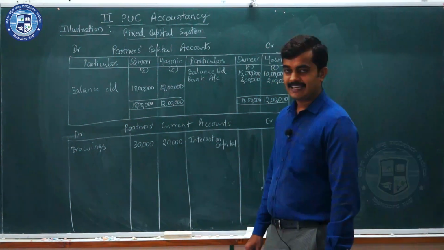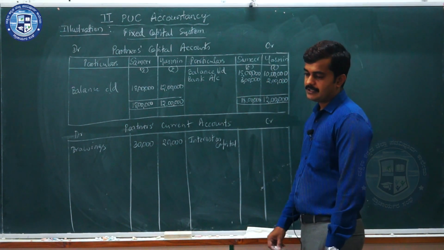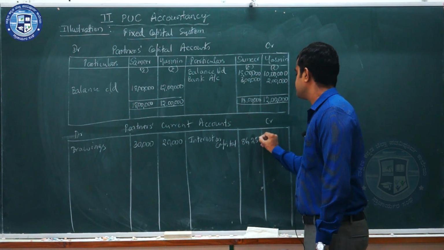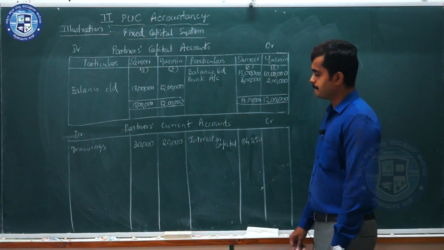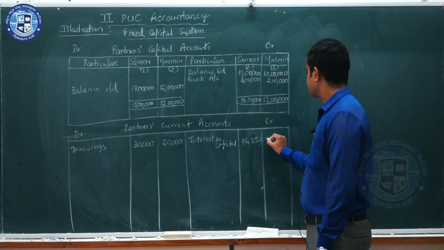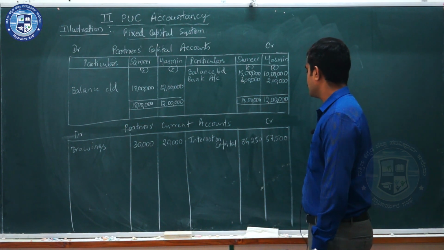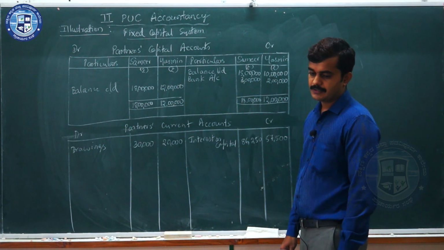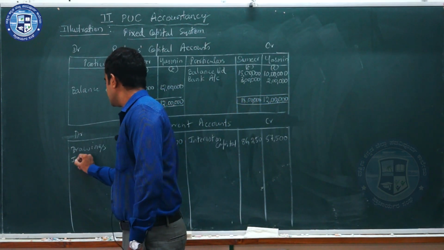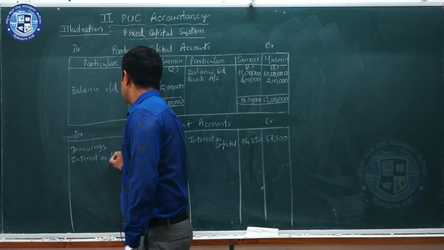We have already calculated interest on Samir's capital will be 86,250 and interest on Yasmin's capital will be 57,500. Next is interest on drawings on the debit side.